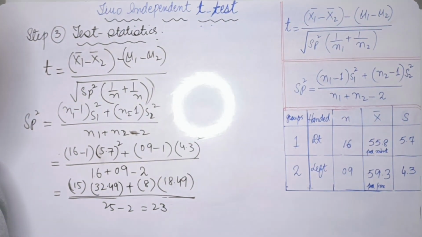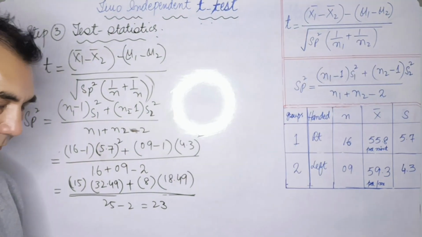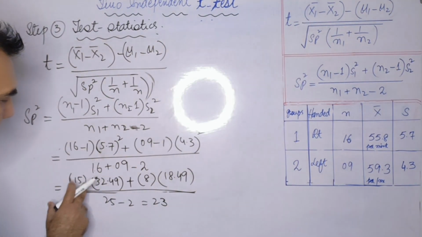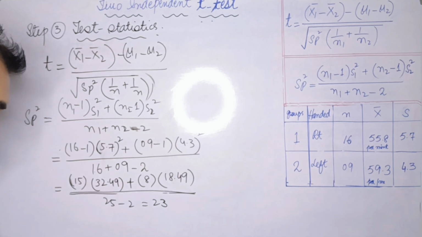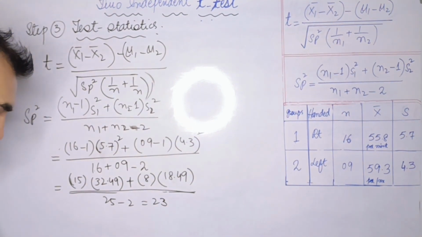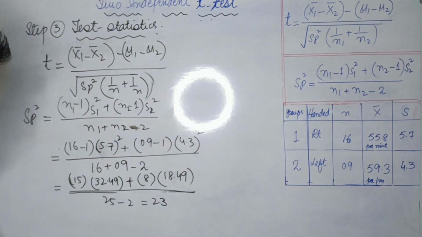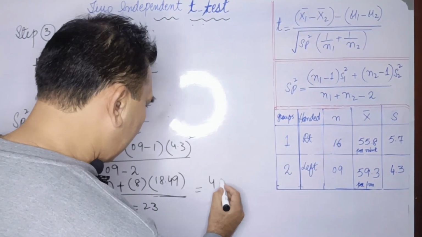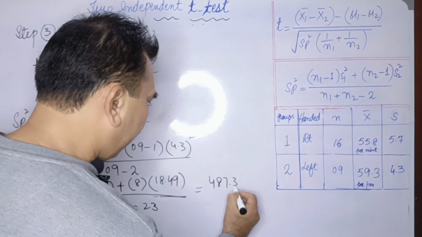Now what will we do? We multiply the 15 with 32.49, and it comes up 487.35.